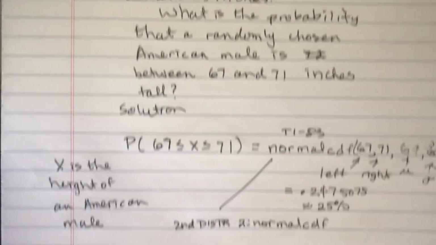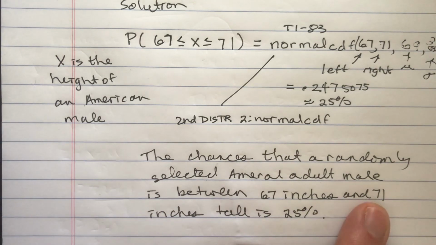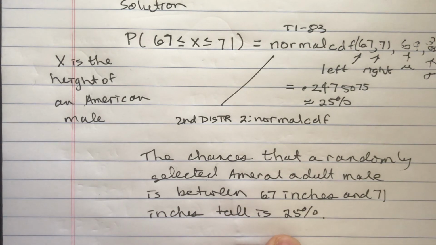So the proportion of adult men between 18 and 65 that are 67 to 71 inches is 25%. That's the same as the probability that if you randomly choose someone, they're going to be within that range.